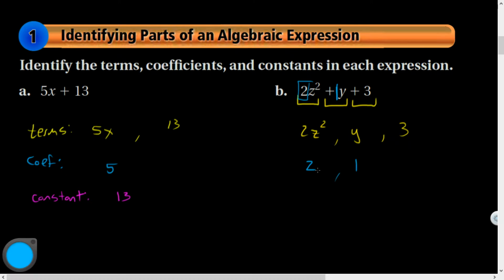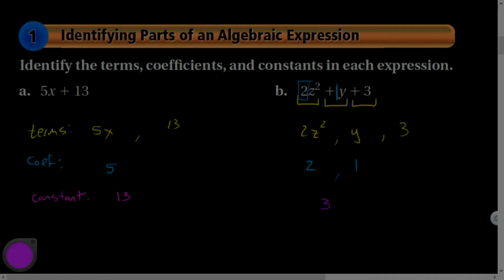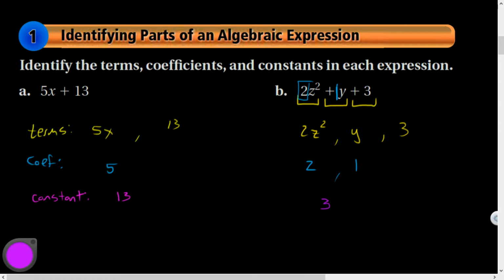And then the constant, is there a constant term on this, Devin? The 3. Yeah, and make sure you're writing this down, Devin, so that it's part of your notes in your notebook. So that's parts of the algebraic expressions.